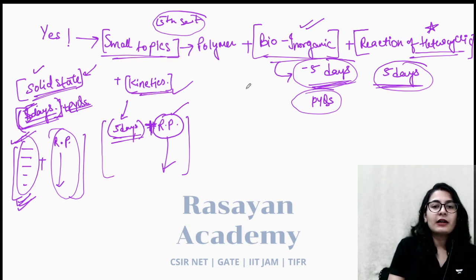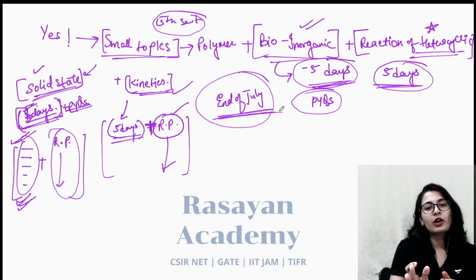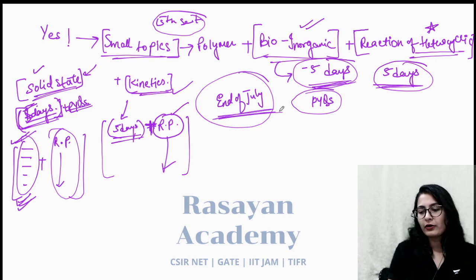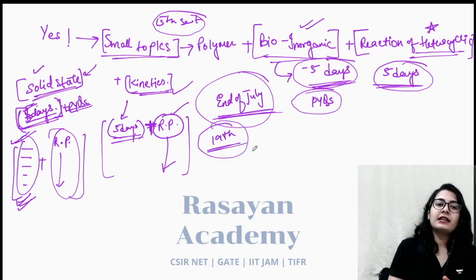And just complete the new topics by the end of July. You're not going to stretch it any further. By the end of July, you have to complete all the new topics that you are thinking about. Today is 19th of July, and you are having 10 days, let's say. Within these 10 days, just complete 2 or 3 new chapters or new topics, whichever you want to do.